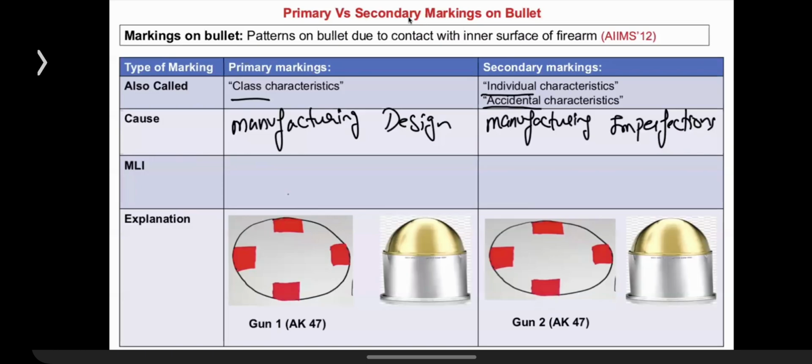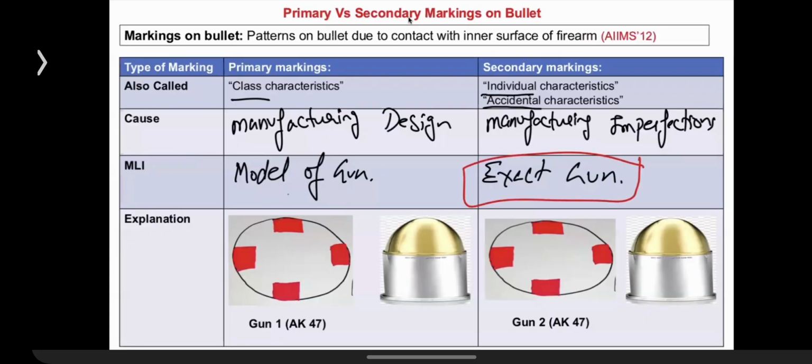The medicolegal importance: primary markings help us know the model of the gun, and secondary markings help us know exactly which gun was used. So secondary markings are more important because they are individual to a particular firearm.